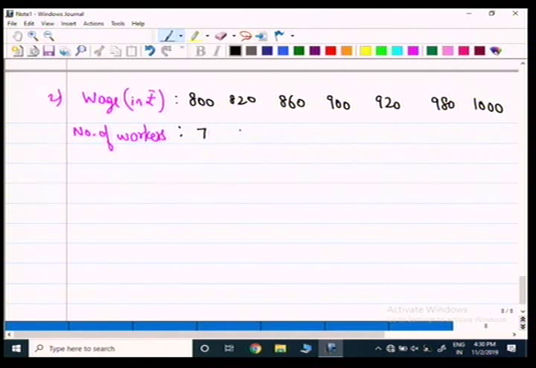All the questions are direct, straightforward questions. So the only thing is that you have to take care of the calculation part. If you do the calculation correctly, there is no chance that you will get this question wrong. So these are the values. The wages are given 800, 820, 860, 900, 920, 980 and 1000, and the number of workers are given.